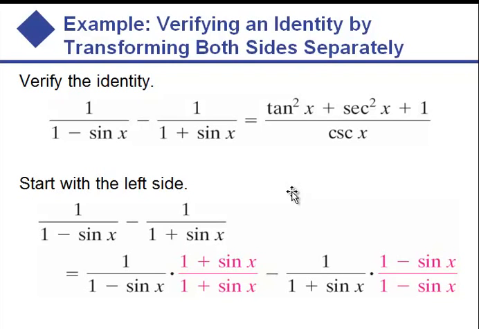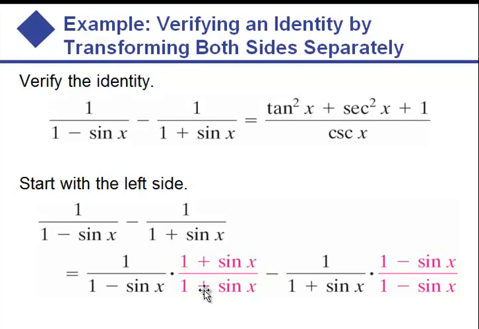Starting with the left-hand side, we recognize we have some things up here on the right that are kind of like our identities. So maybe we want to do something over here, or more importantly, we have one fraction here. We have 2 fractions here. The only way we can get these two sides to equal is if we have one fraction on the left.